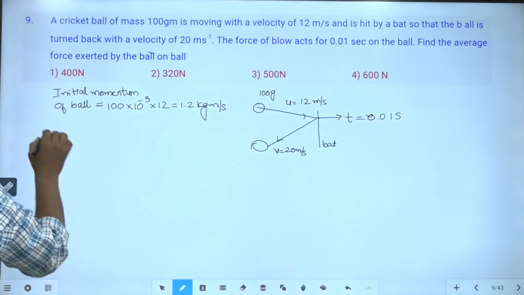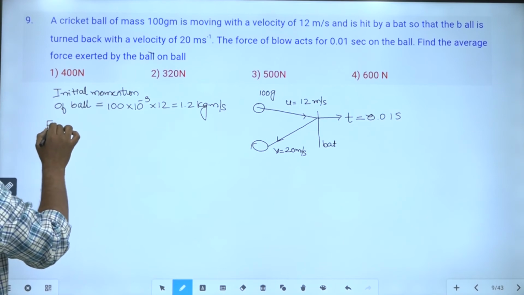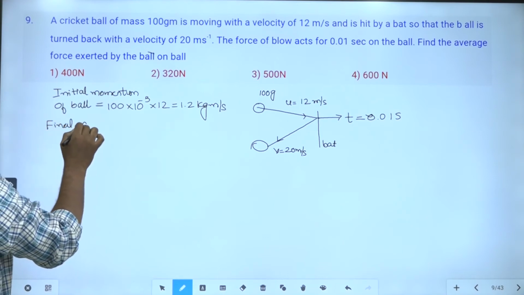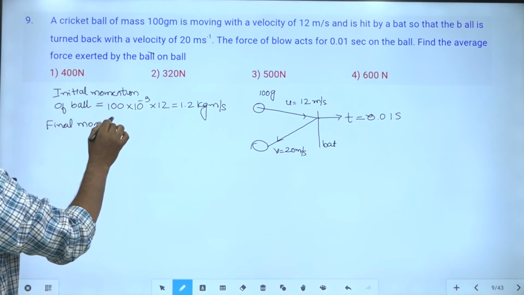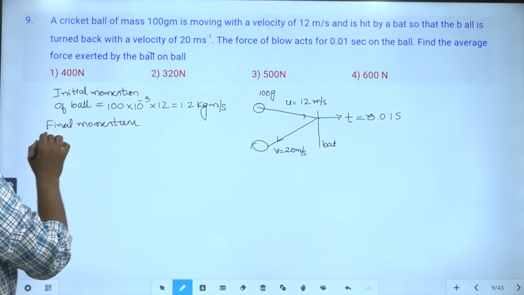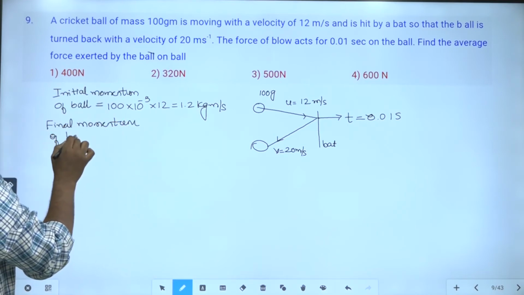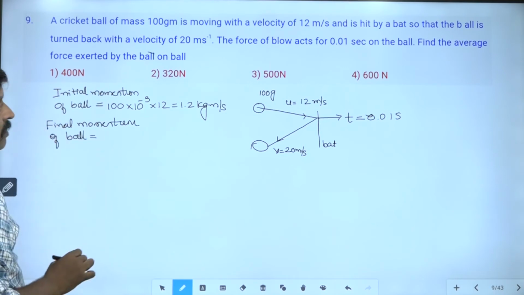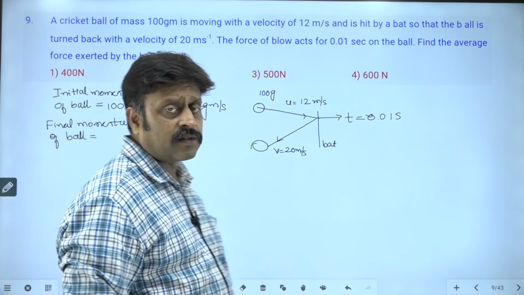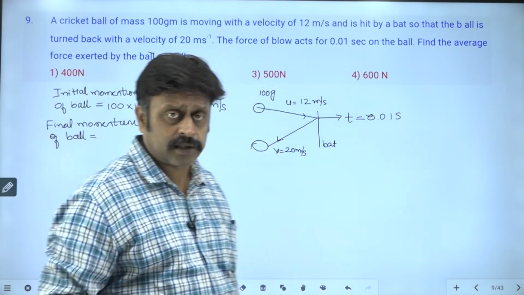Then the final momentum of the ball. To get the final momentum, we have to multiply the mass of the ball with the final velocity.